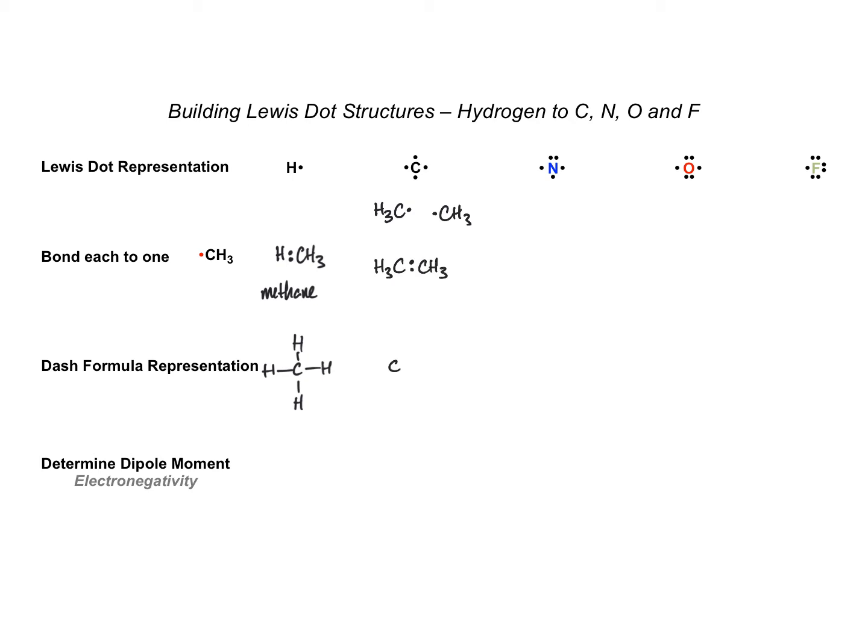And so if I show that central bond, and then I'll show all the other hydrogen bonds as such. So this is called ethane. Notice the ANE is indicative of the hydrocarbon alkane functional group. The prefix of the name tells you how many carbons there are. So meth is 1, eth is 2.